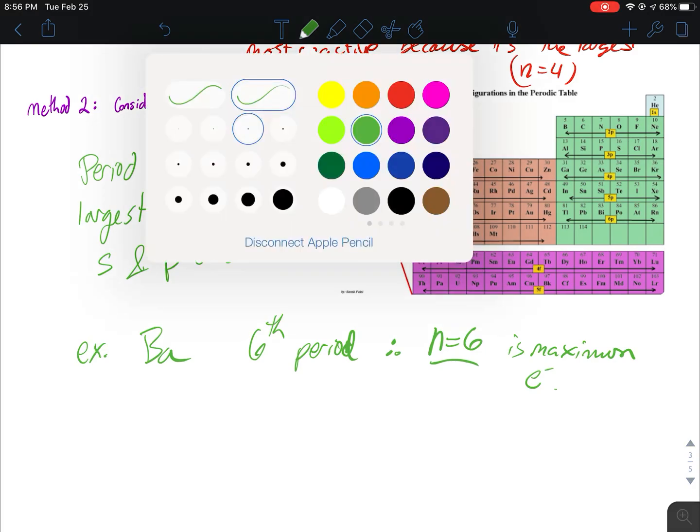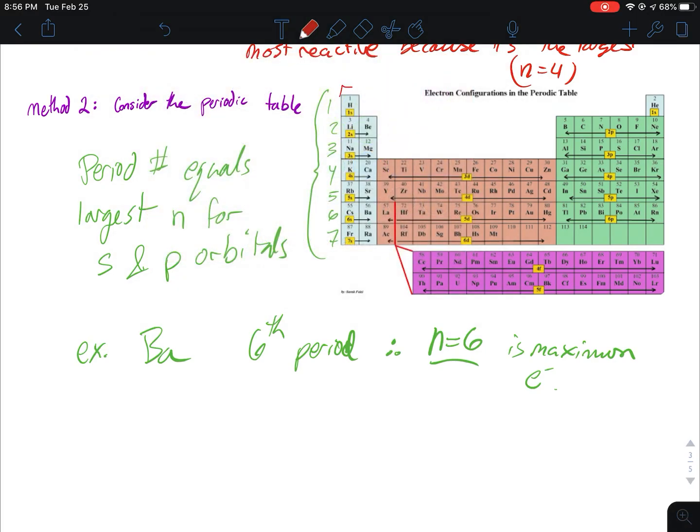Then the other piece is to divide this thing up into groups. So you have your S group, you have your D group, and this periodic table is just nicely organized for us. And then you have your P group. And down here you even have your F group.